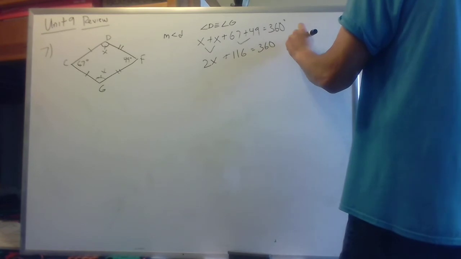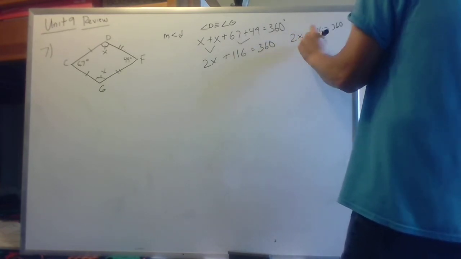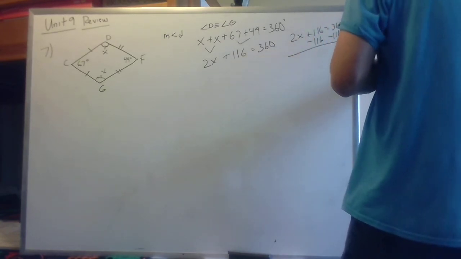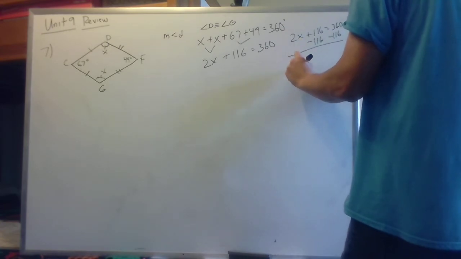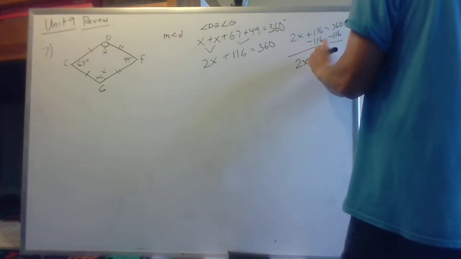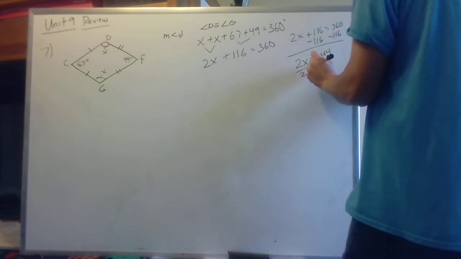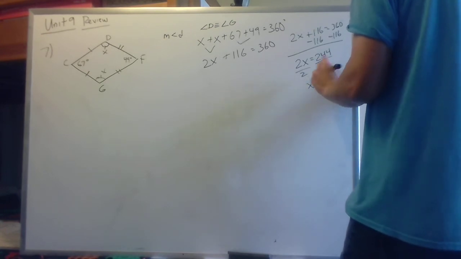So now our next step, we're going to subtract 116 from both sides. So 360 minus 116 is 244. So we have 2x equals 244. We're going to divide by 2, and x is going to equal 122 degrees.